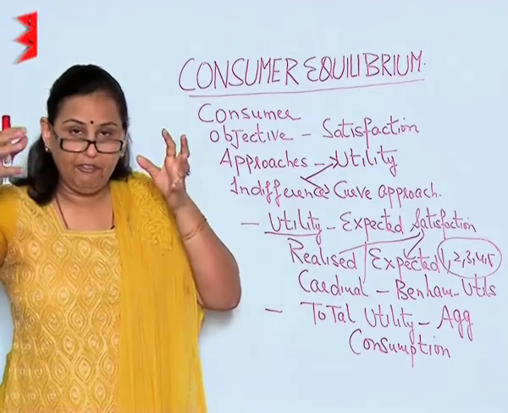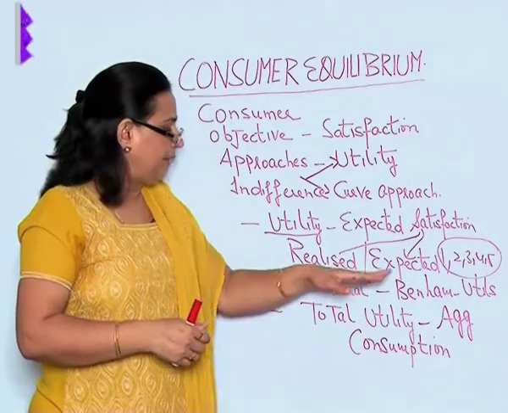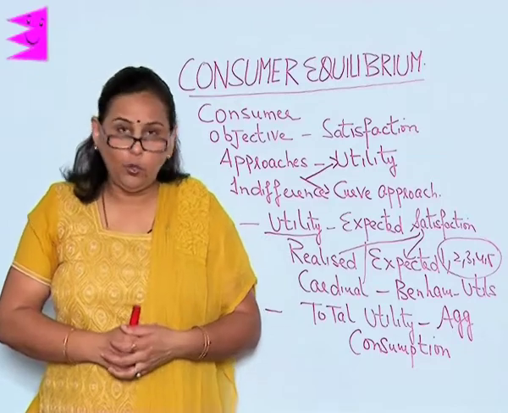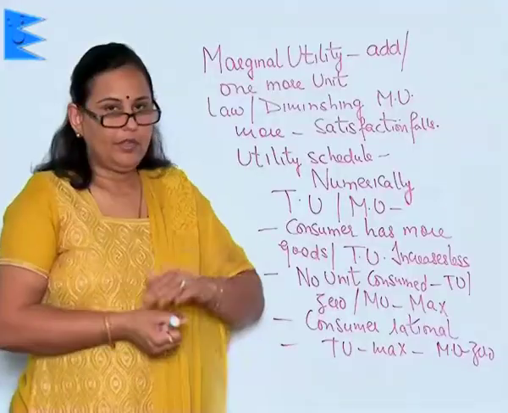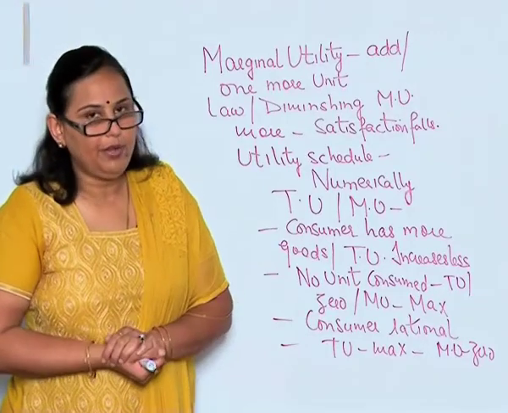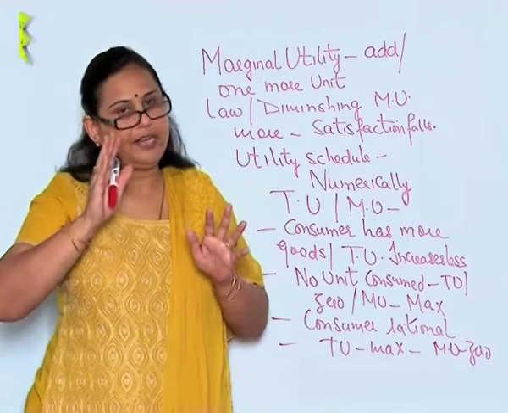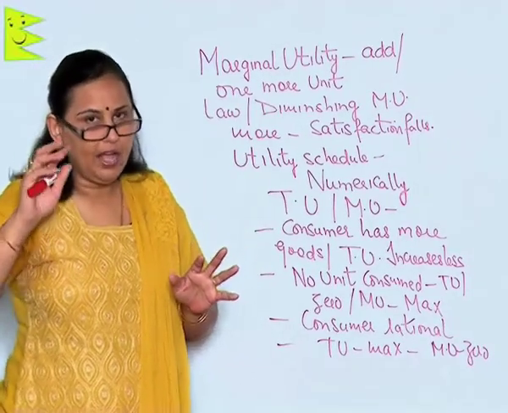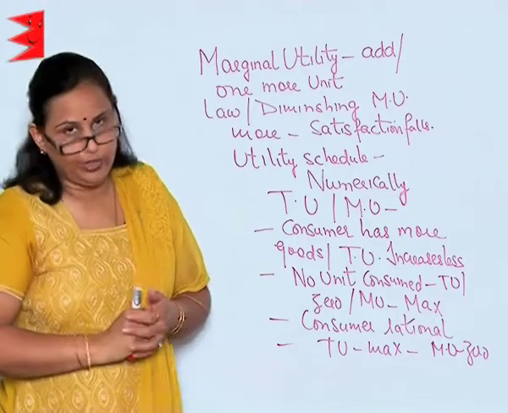You need only 4 slices of bread and you are consuming it, and thus deriving the total utility out of that consumption. We just now studied the total utility, that is the satisfaction that a consumer is deriving after he has consumed the required number of units.